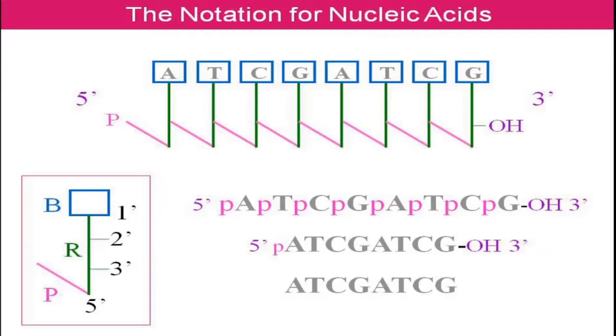And in the third way, you can simply write the nucleotide sequence in terms of nitrogen bases. Now by convention, the sequence which is written here is always from 5' to 3' end.